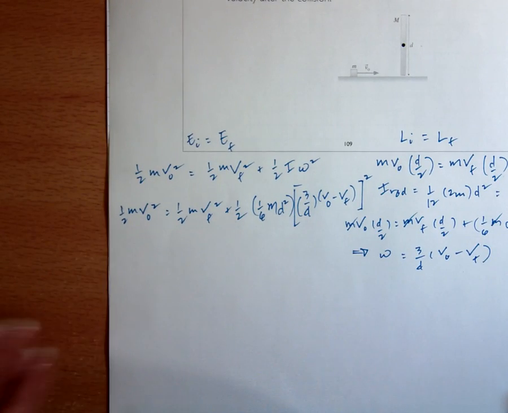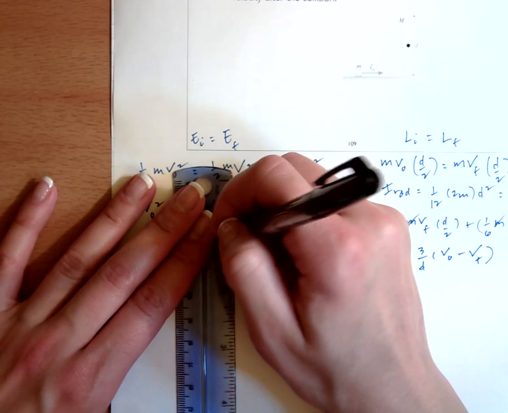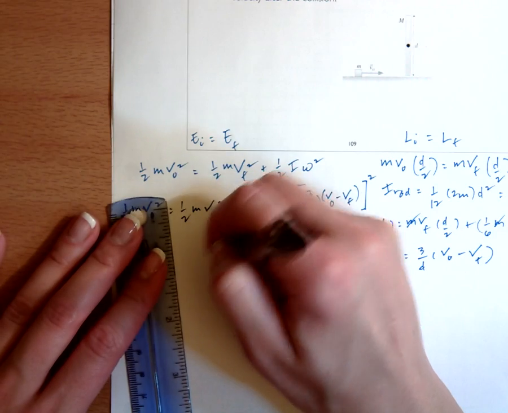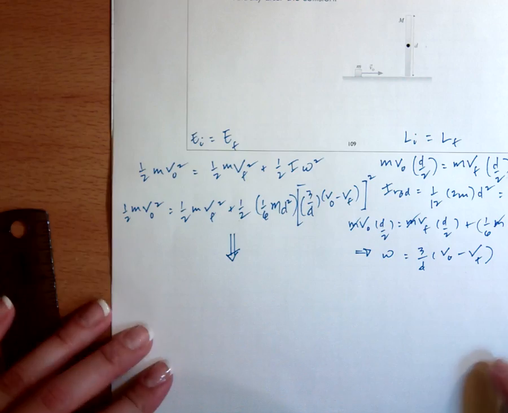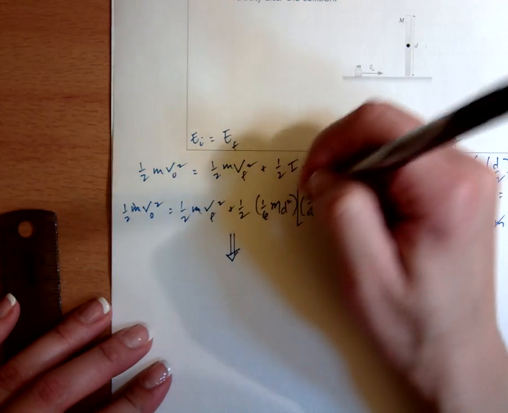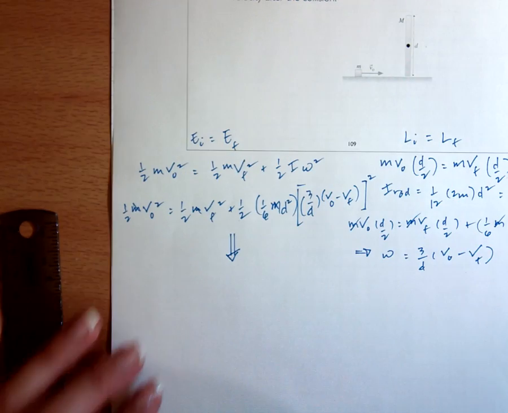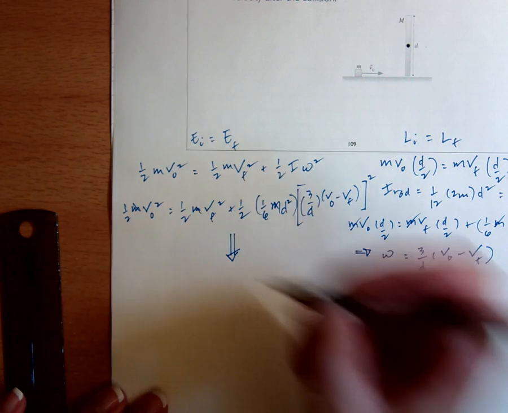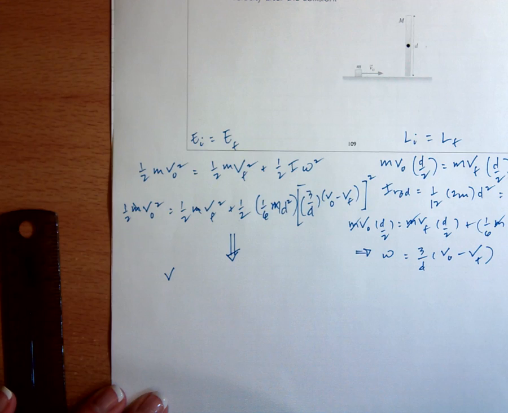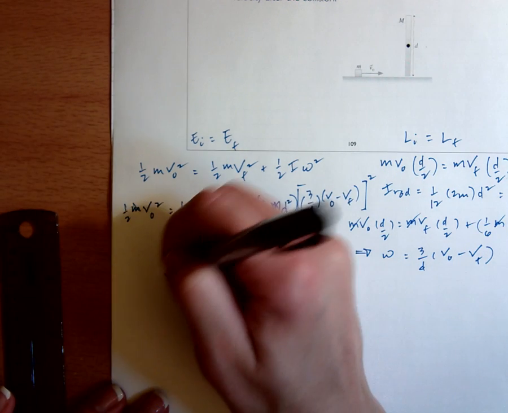First of all, the m's cancel, and we're solving for v final, so let's try to simplify all of this.